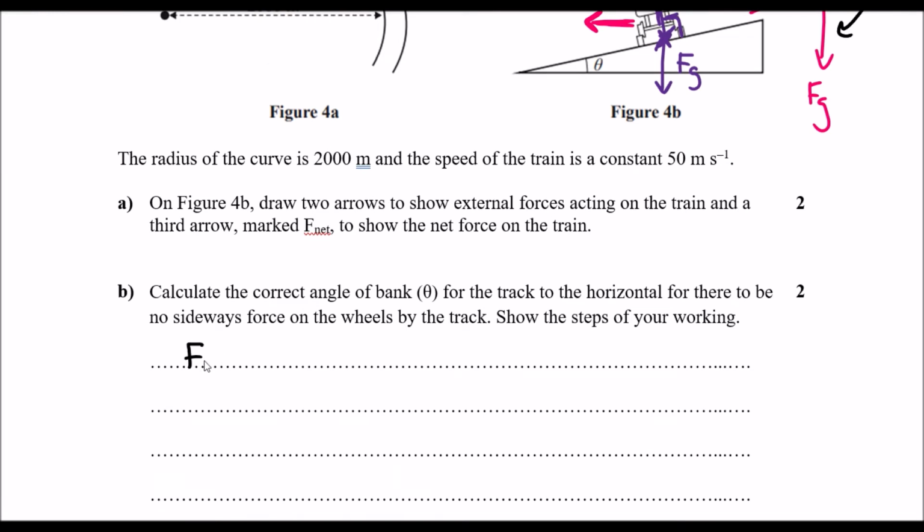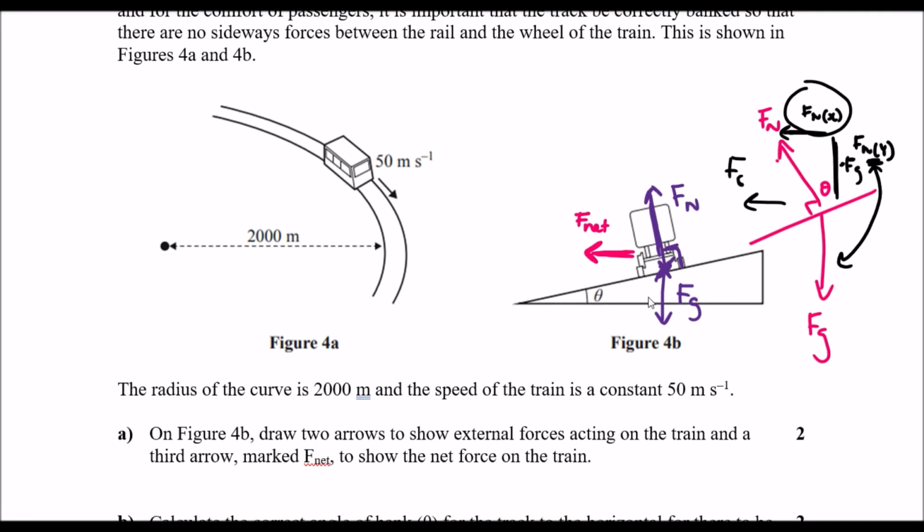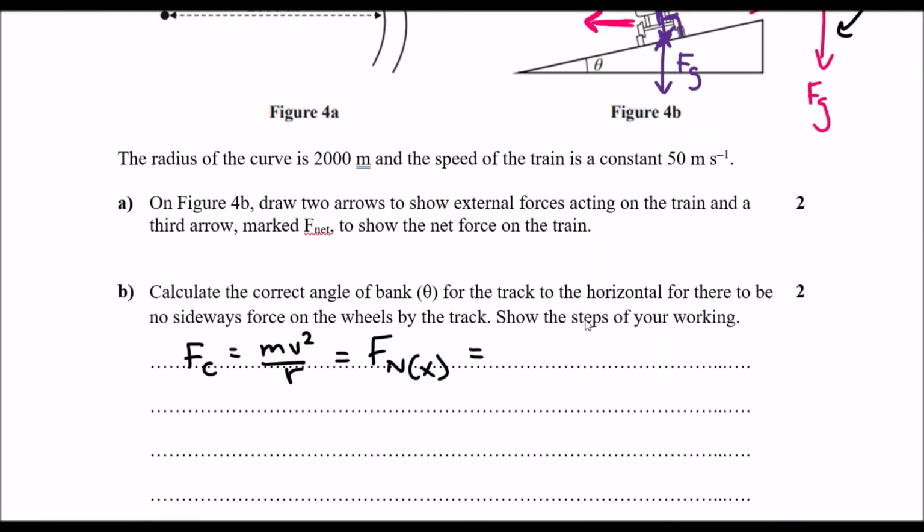So our centripetal force, which is given by the formula of mv squared over r, equals our normal force x component, which we could write in this context as the sine component of our normal force.